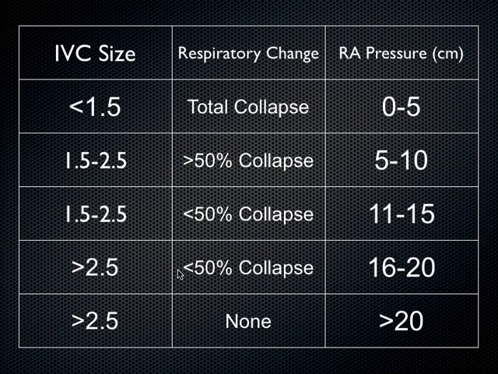If the IVC is really, really small and you breathe in, it collapses down, then your right atrial pressure is really low and you need some fluids. And then you've got all these numbers here. When it's really big, like more than 2.5 centimeters, you can measure with calipers, and then the patient breathes in and it doesn't move at all, then their CVP is over 20. Just put that in the back of your mind. We're going to come back to this quite a bit.